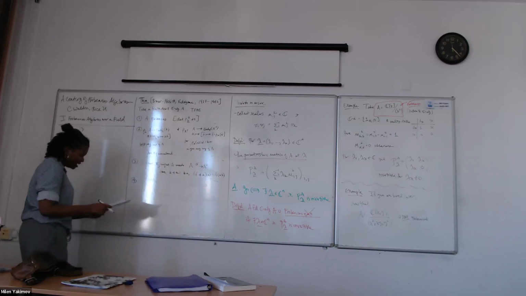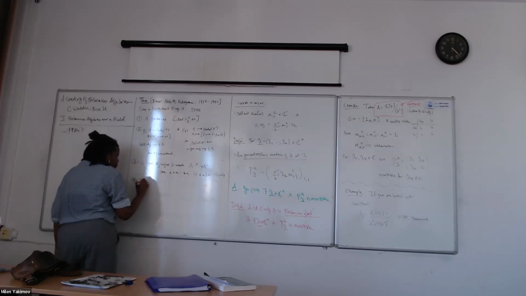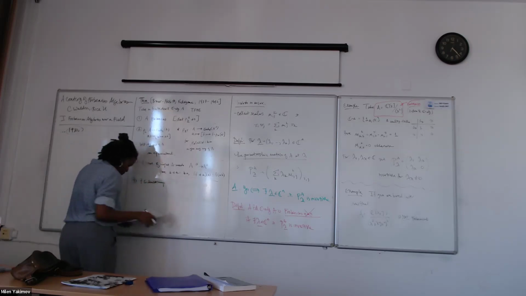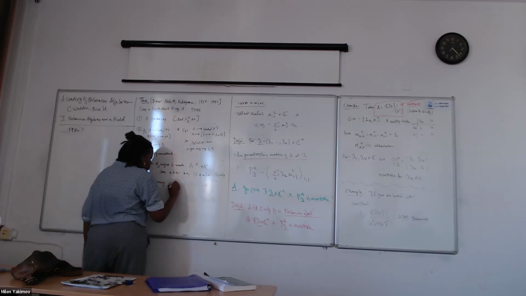Fourth one, it's very algebraic. There's going to be a C-linear map, which I'm going to call mu.